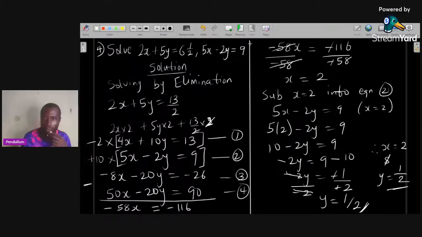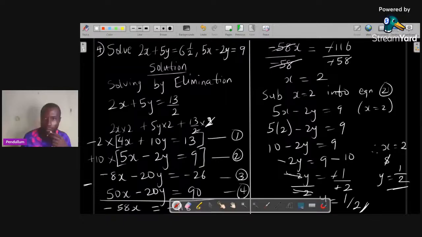Let me erase this. So we are solving by substitution. Let's just make this easy.